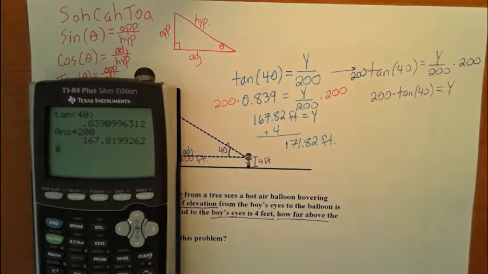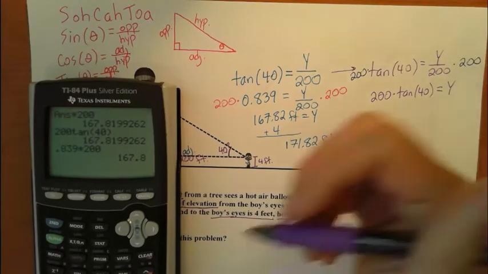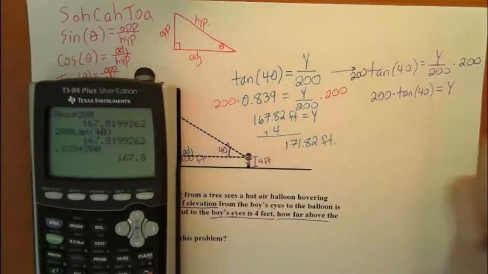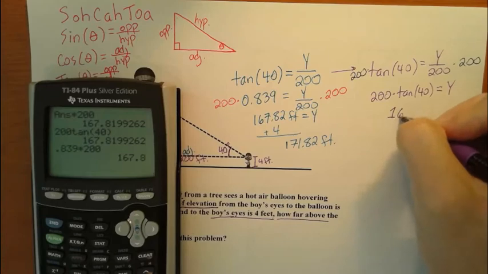So if I go to my calculator, we can see how different our answer would end up being. 200 times the tangent of 40 is 167. So if I had used the rounded version, 0.839 for tangent of 40 times 200, we can see that that is rounded. So it's not quite as exact. And in this case, you only have to go to your calculator once to put it in, instead of having to put it in your calculator twice, which would make the problem a longer one at the end.